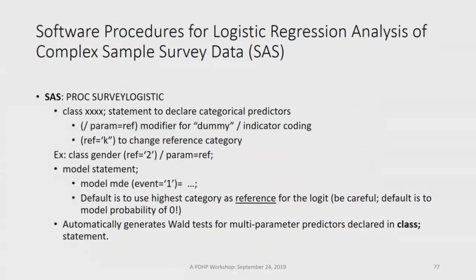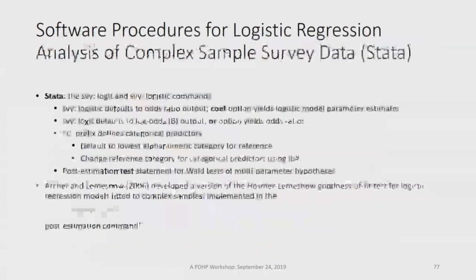So if you want to model the probability of a 1, you have to add event equals 1 in parentheses to the dependent variable, in this case MDE. Otherwise, everything's going to be completely backwards from what you think you're actually modeling. Okay, and again, SAS automatically generates Wald tests for your categorical variables as part of the output.